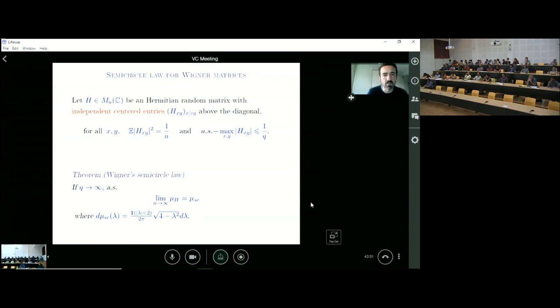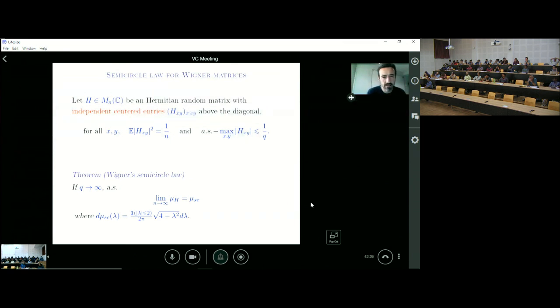More precisely, I take my centered Hermitian matrix with the same hypothesis as before. The entries are bounded by 1 over q, and the variance is always 1 over n. Here I have included the diagonal, but you can remove it by using these truncation arguments.